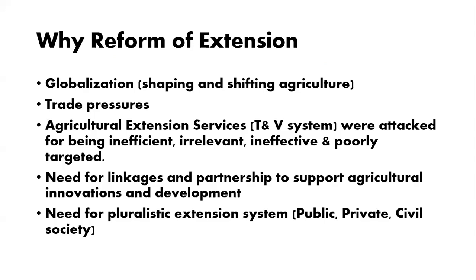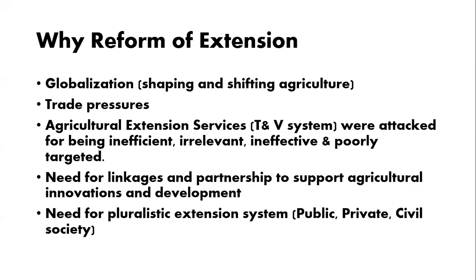So why do we need to reform the existing extension system? Actually, one reason is globalization. It's called shaping and shifting agriculture. Globalization means, imagine one farmer is producing for the local market, and the neighboring farmer is producing for the international market.